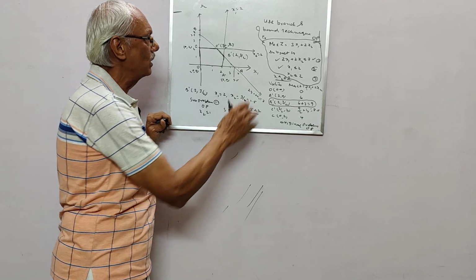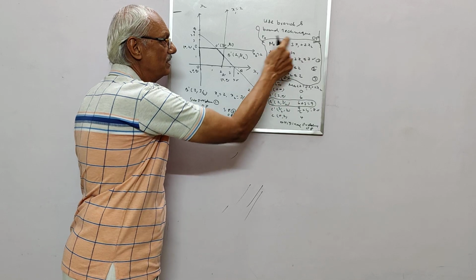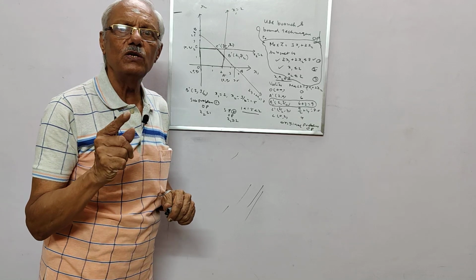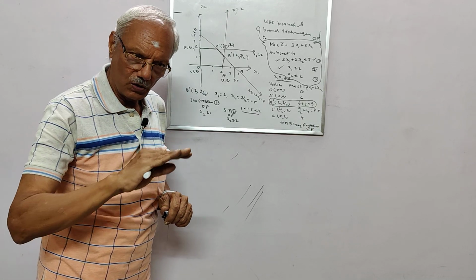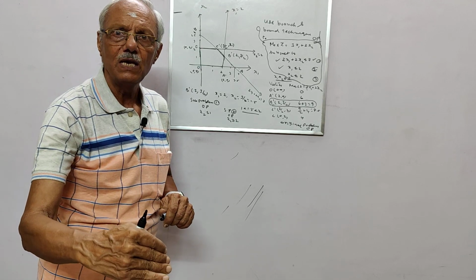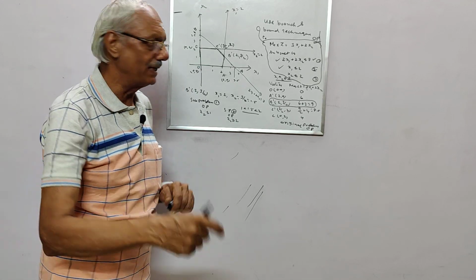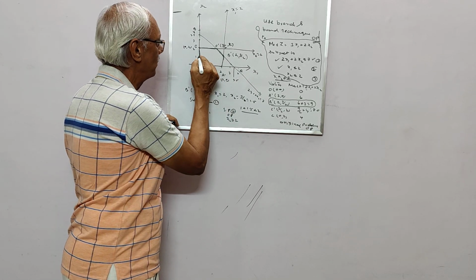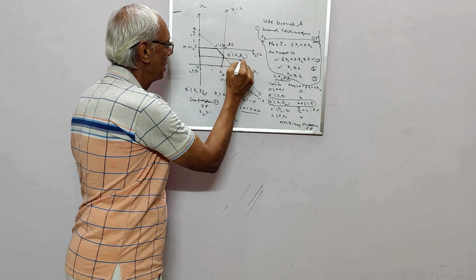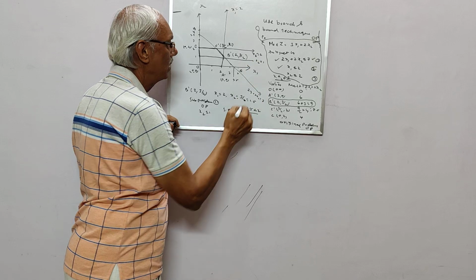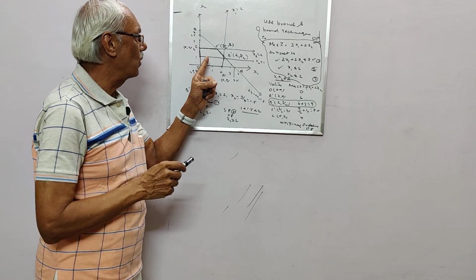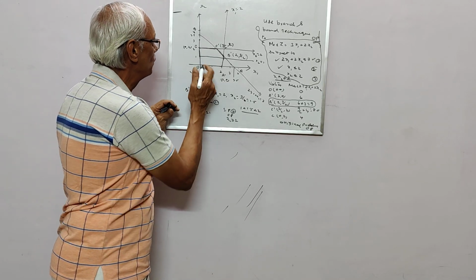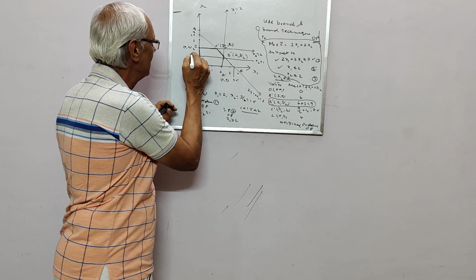Now x2 I have given. This is your original problem. I have put x2 is less than or equal to 1. That means now how will you draw the inequation? Draw x2 is equal to 1. Consider all the points on the line and below the line. This is my first subproblem. So I draw the line x2 is equal to 1. Now, let me call this C double dash.